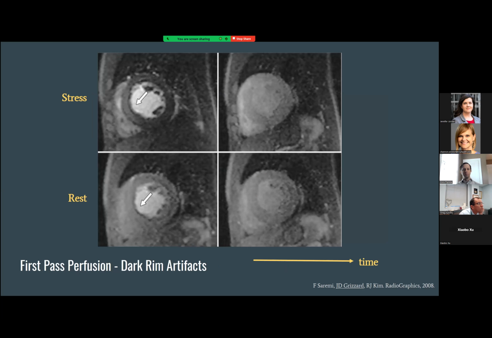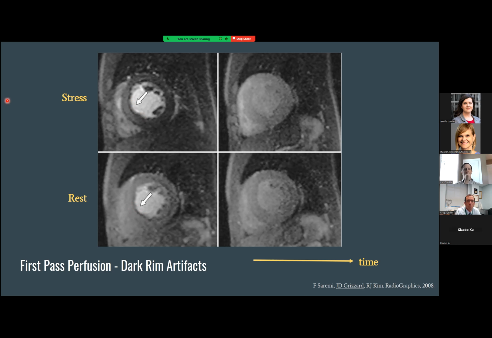One of the common things that we struggle with in first pass perfusion images is our darkroom artifact. So we'll often stack our images from rest and stress, like you see here, where time is going left to right across our columns. And a darkroom artifact is going to appear as this dark line on the endocardial surface right here.